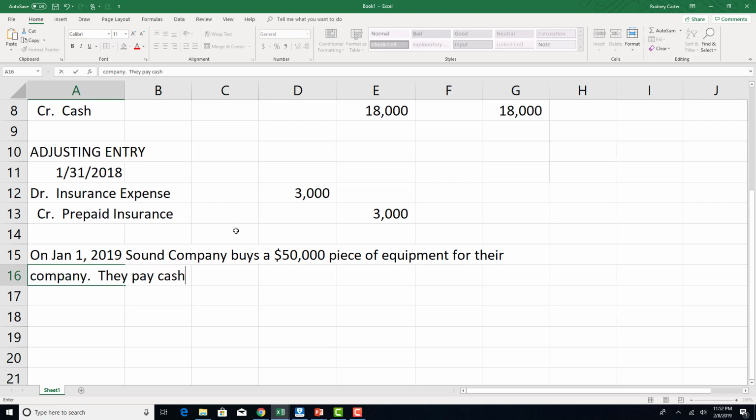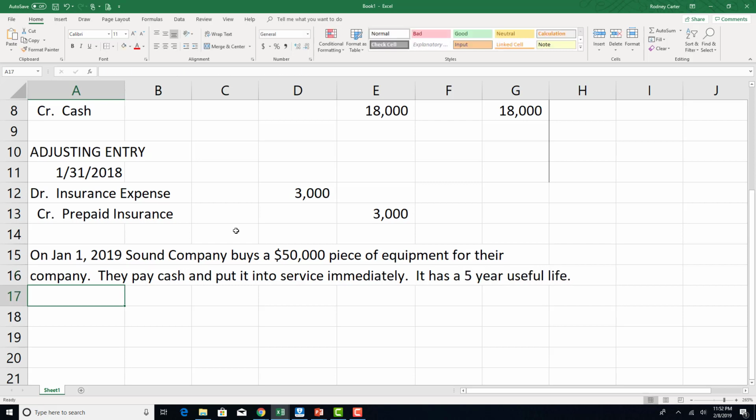They pay cash and put it into service immediately. It has a 5-year useful life. So they believe this piece of equipment is going to last for 5 years, and then they'll have to buy a new one because it will wear out.